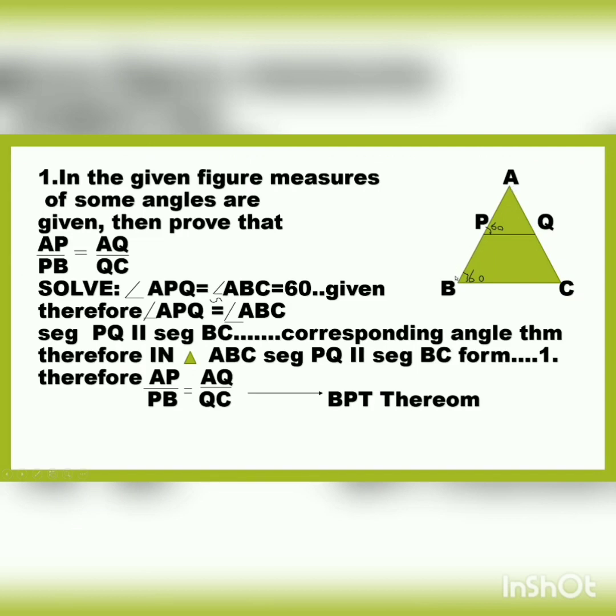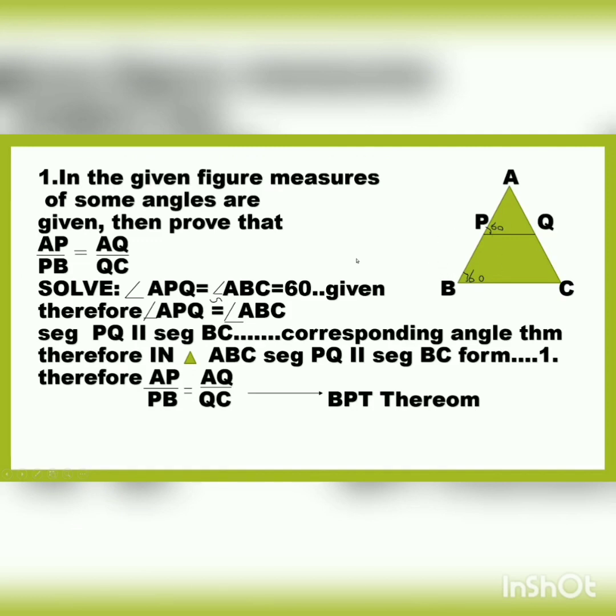Triangle ABC, you can see here in triangle ABC, point P is on AB and point Q is on AC. Now you can see here angle APQ is given 60 degrees and angle ABC is also given 60 degrees.